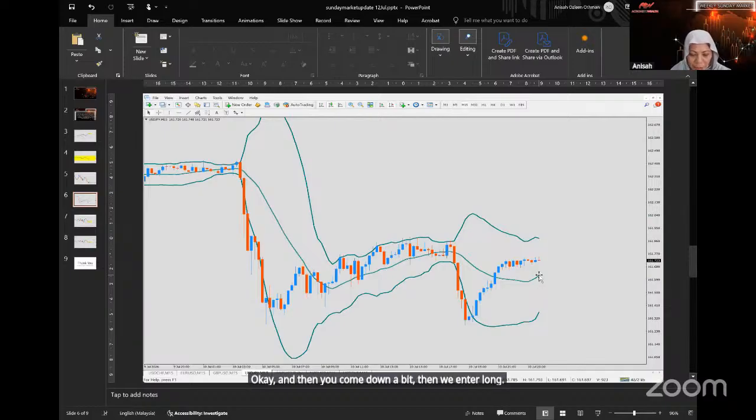Your first TP is the upper band or 161.932. And then TP2 is the daily upper band line, which is 162.921. And your stop loss is the lower band or 161.365.